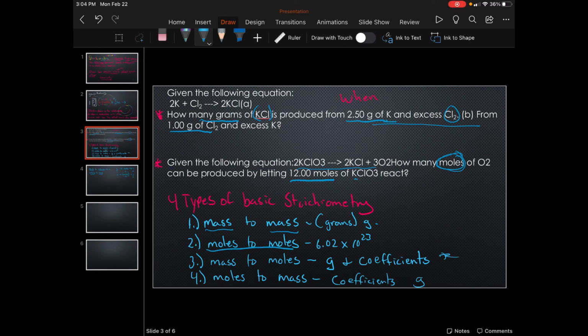So you are seeing, obviously, you have KClO3 is going to be over here on the reactant side, and it's saying how many moles of O2, just this right here, can be produced. So we're relating these two. Okay, we're relating these two substances.